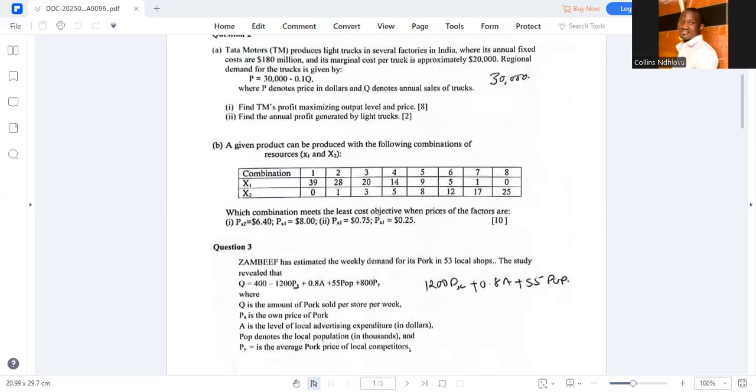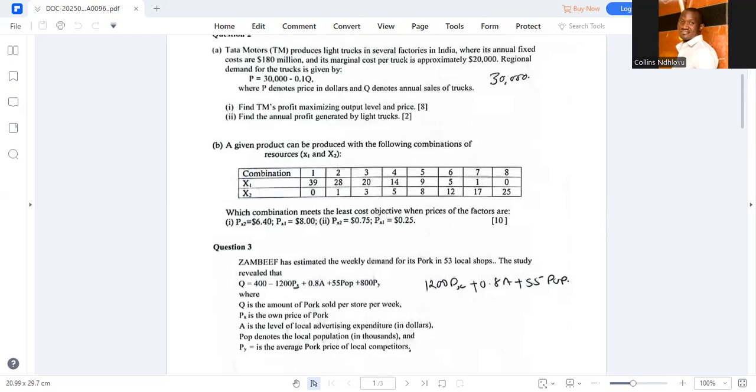6.4 x1 plus 0.25 x2. Then the other one had 1.6, so 1 here and 6 there.